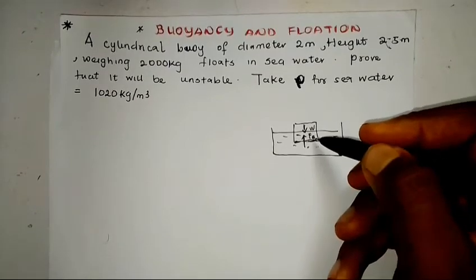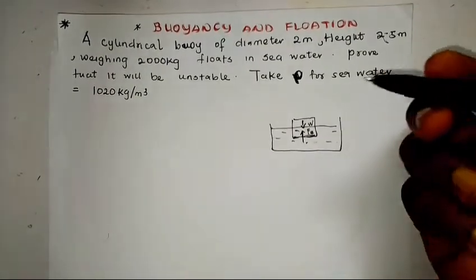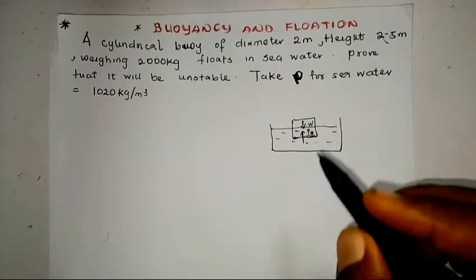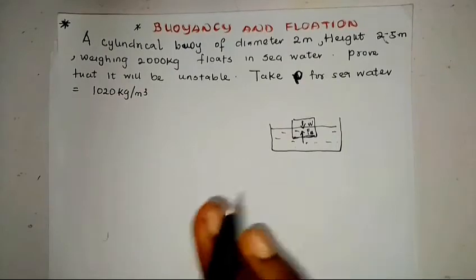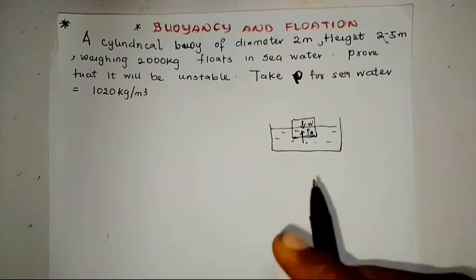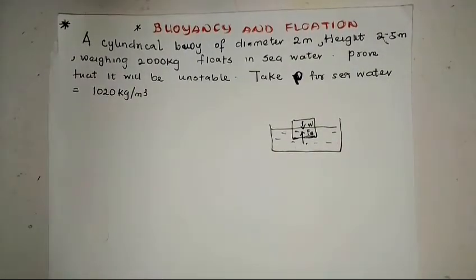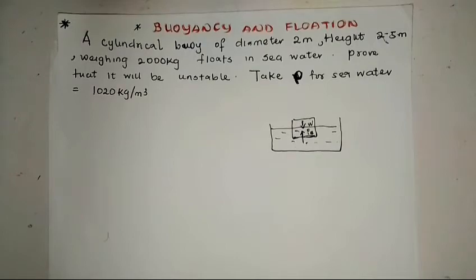Now, when the body is immersed in a fluid, it displaces a certain volume of water. The weight of the body itself in the fluid will displace a certain volume of water. So that's why we say the weight of every body immersed in a certain fluid is equal to the weight of water displaced by the body. I'll repeat myself.